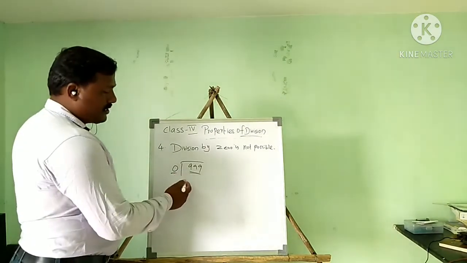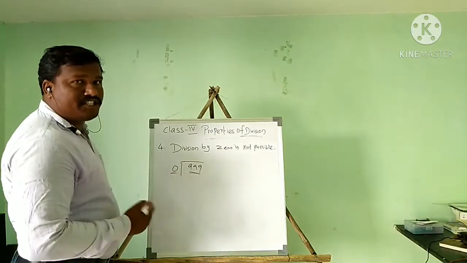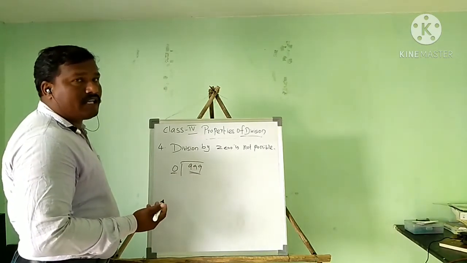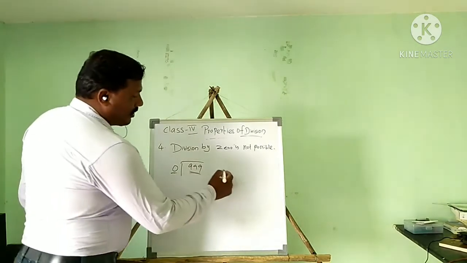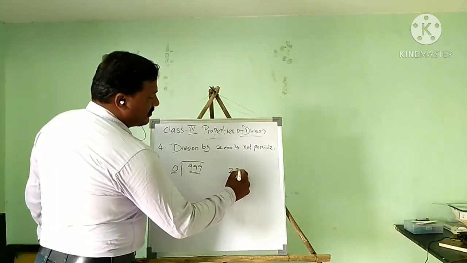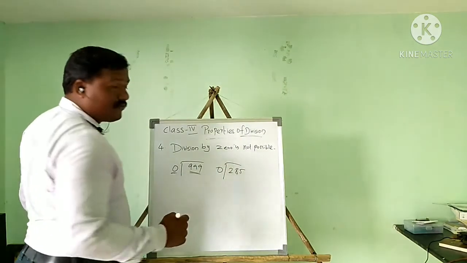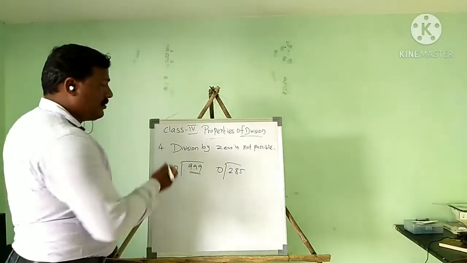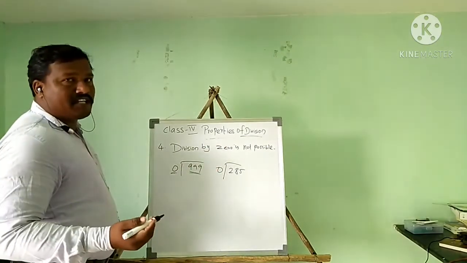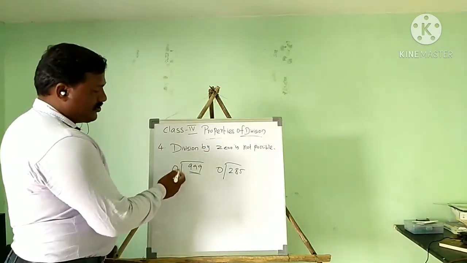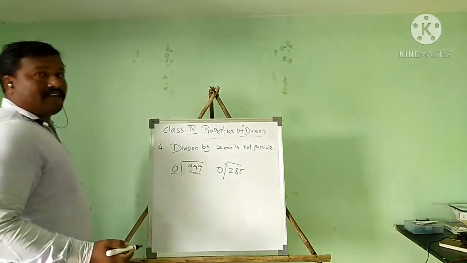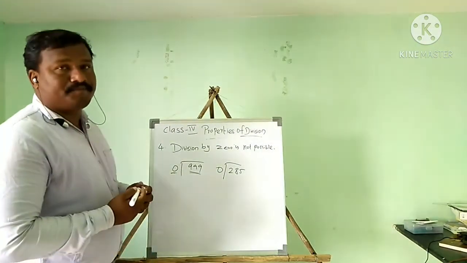If you do this, we get an error, wrong information. If you take another number, 285, we can't divide it by 0. So division by 0 is not possible. 0 is the divisor, so we can't divide. This is the fourth property.